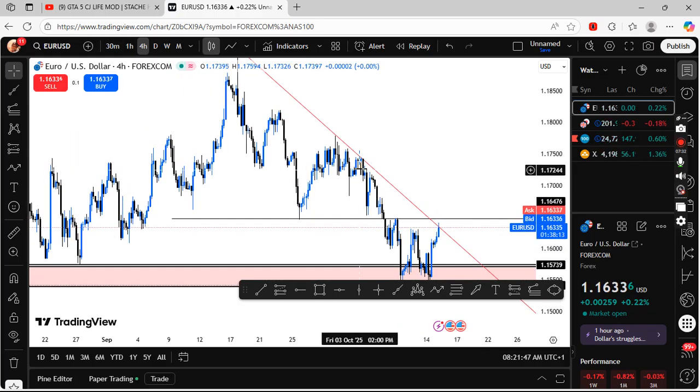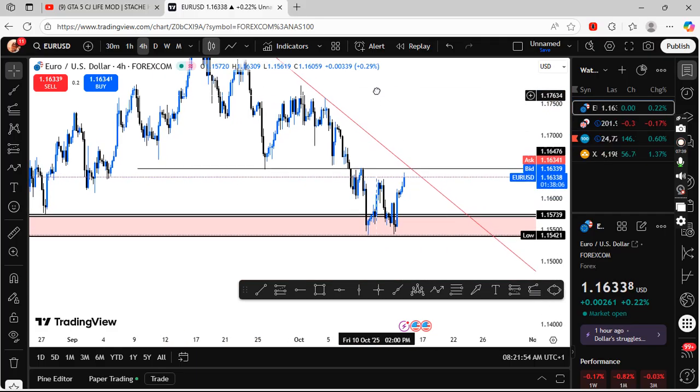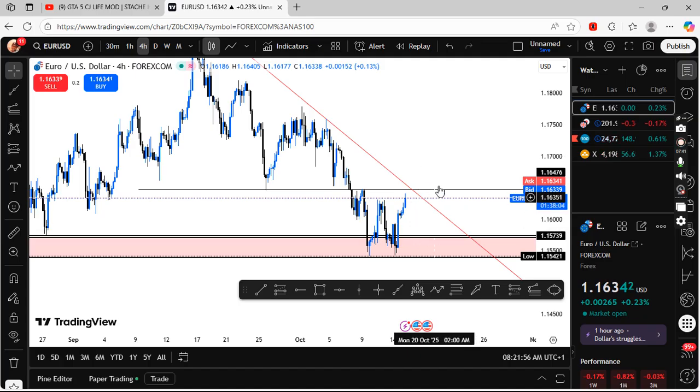I can also adjust this trend line if you feel like, okay, why am I using the wick? If I still take it like this, I'll still be expecting a trend line breakout. Everything I'm trying to say is we should be expecting to take the trade from this breakout.